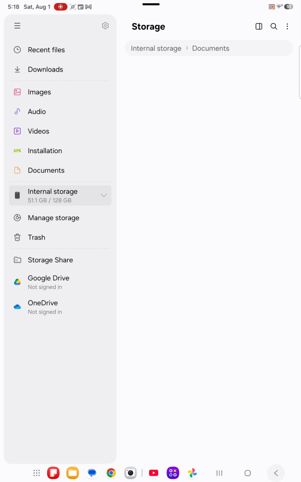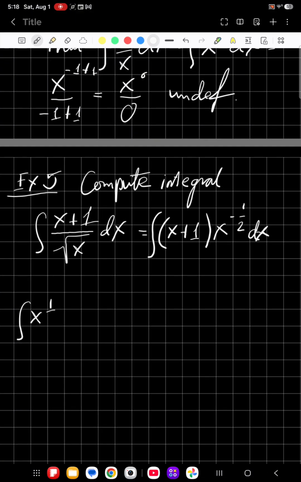Let me finish writing this. Anyway, so it's x to 1/2, right? Let me explain it again. This came from multiplying this by that, so it's just a simple distributive property.